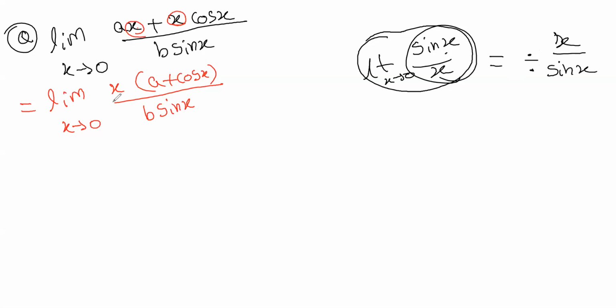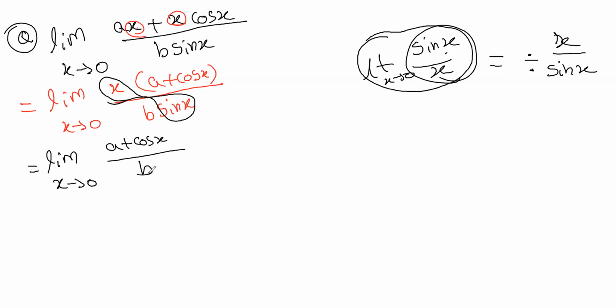Now I will separate it. Limit x tends to 0, x by sin x. We take x by sin x after division, because it becomes sin x by x. Here we have (a plus cos x) divided by b, that is the left out thing, into x by sin x.